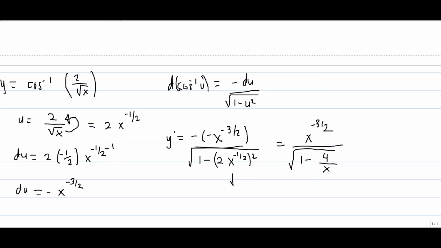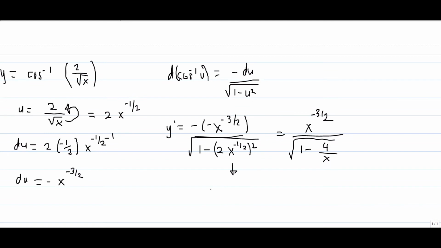Okay, so again, take note to simplify this. We have 2, then we get it into the denominator. So we change to radical, then we have square here.